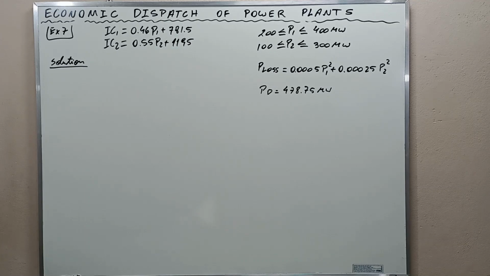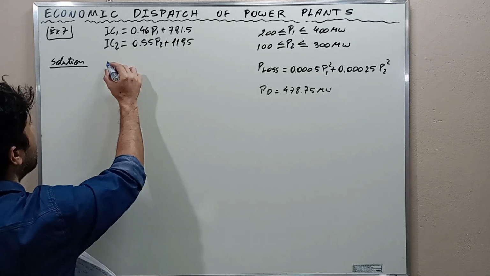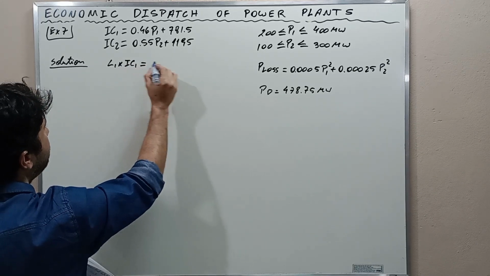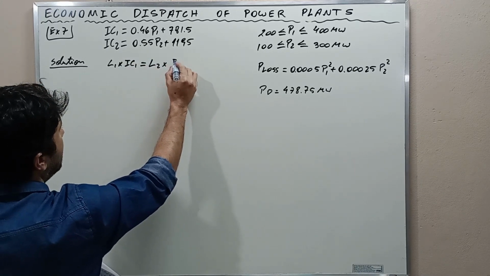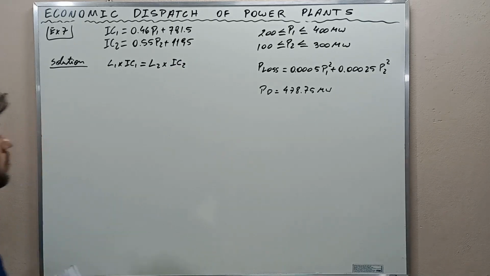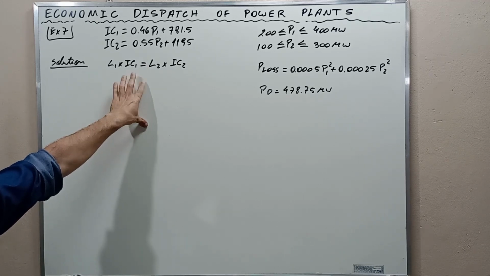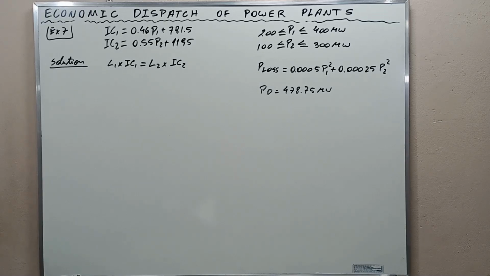As we have already understood, for optimal dispatch, this has to be valid, okay? L1 times IC1 is equal to L2 times IC2. There is optimal dispatch only when this is true, okay?